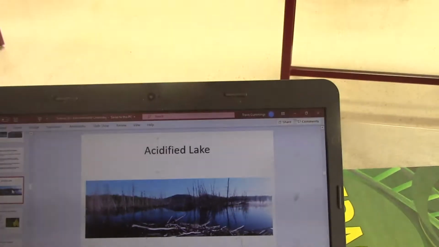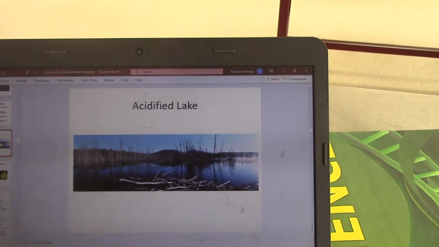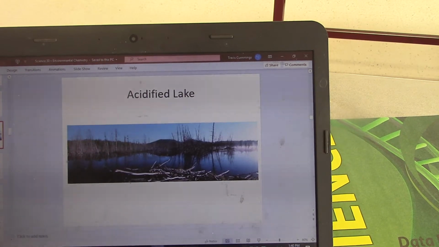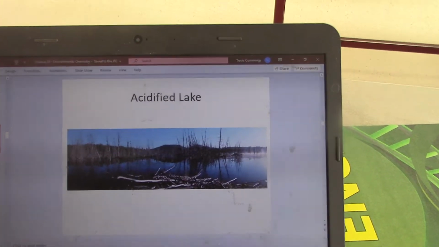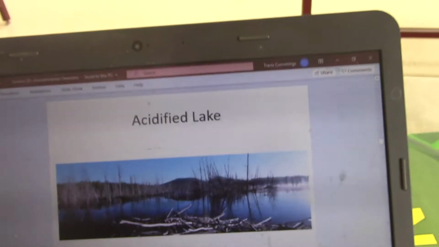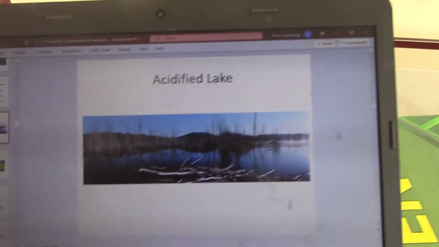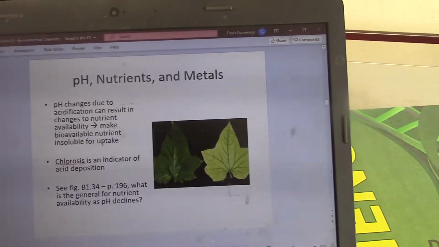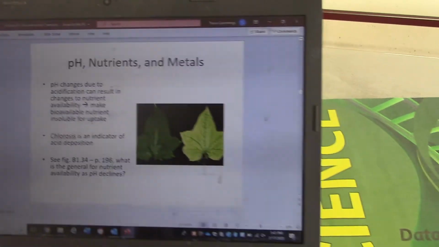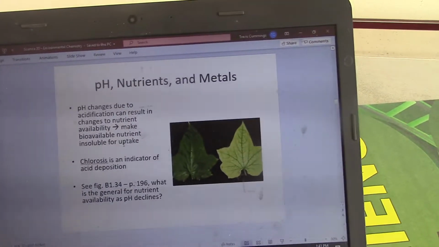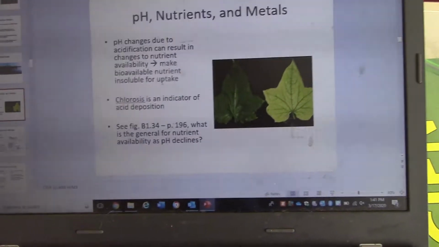So this shows an acidified lake in the Adirondacks in New York State. So this would be just south of the southern Ontario border. And you can see that it's pretty much devoid of life. It'd be very clear, but this is from industrial activity.